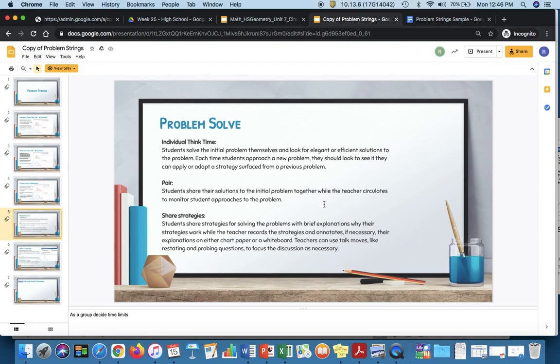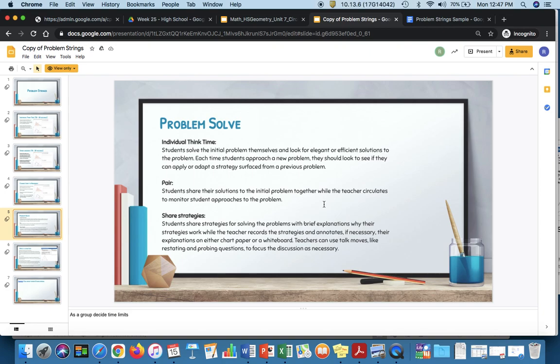So when we think about problem solving, and this would be that first question that follows the intro and launch of the lesson, allow students to solve the initial problem themselves and look for the most efficient solution to the problem. Each time a student approaches a new problem, they should look and see if they can apply or adapt a strategy that surfaced from a previous problem.